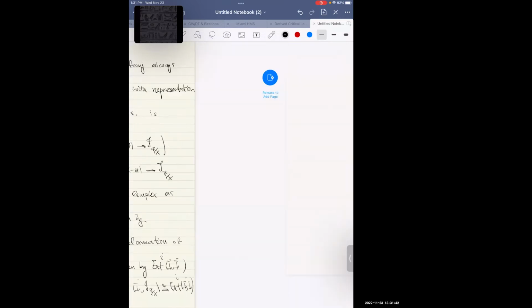Okay, the way you can show this fact is actually as follows. So you can consider the exact triangle.